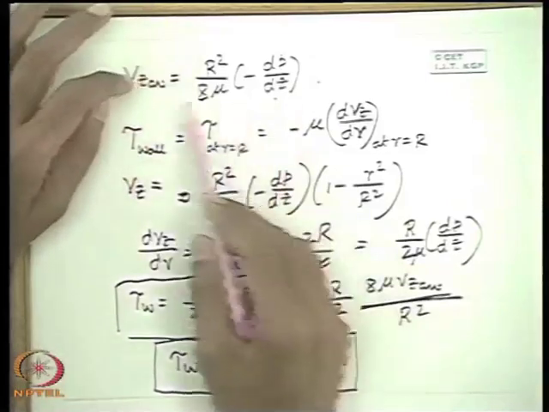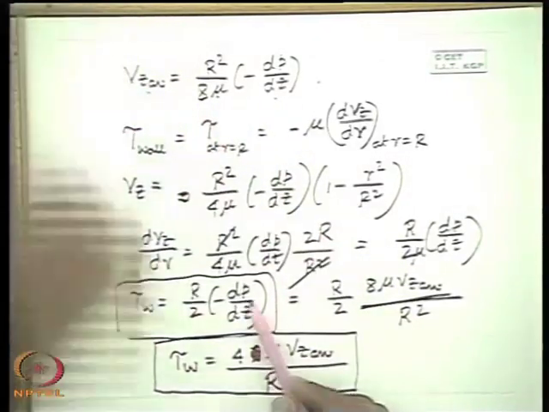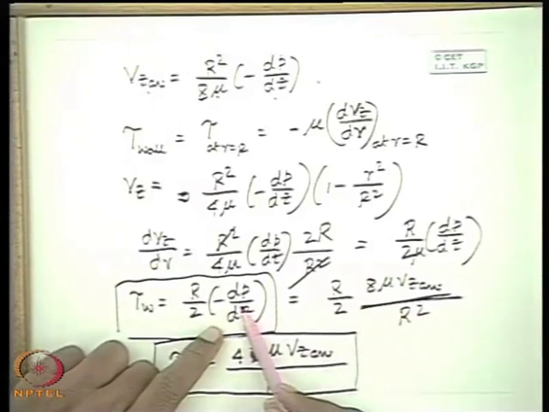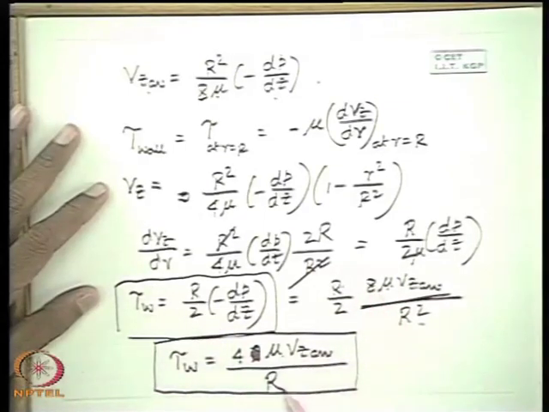That means minus dp dz is Vz average 8 mu by R square. So tau w becomes 4 R mu Vz average by, I am sorry, R cancels, so 4 mu Vz average by R. So this is the expression of tau w in terms of Vz average.